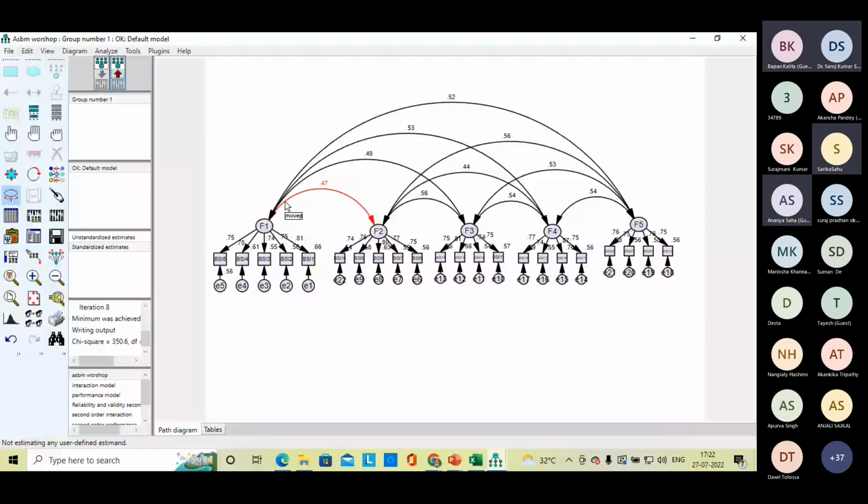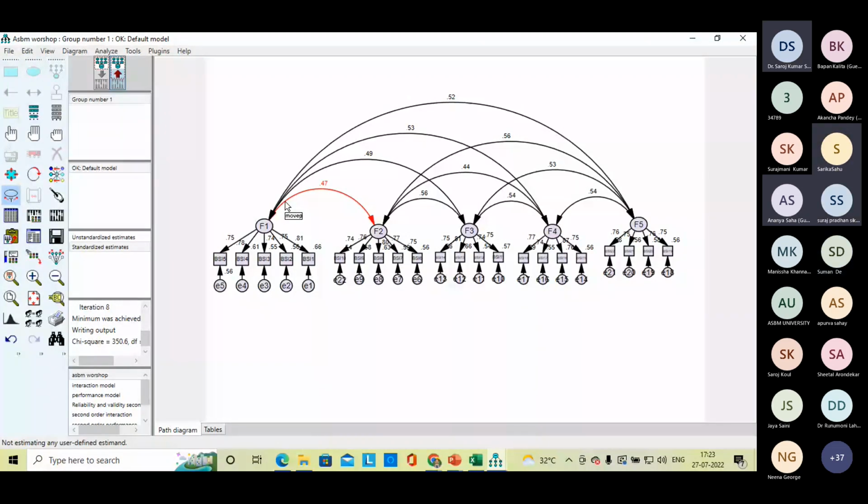Now, whatever 4 values I said, add these 4 values and divide by 4. Whatever result you get, that is average shared variance. That means 0.52 plus 0.53 plus 0.49 plus 0.47 divided by 4.